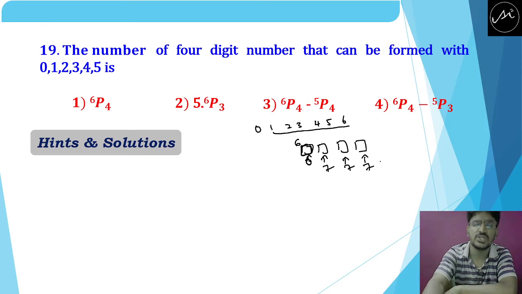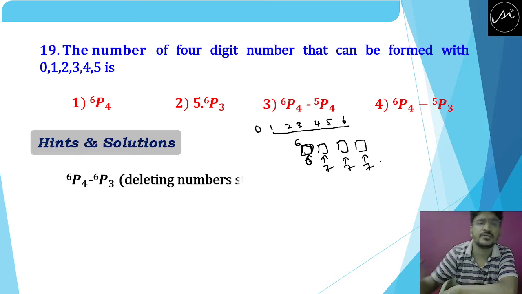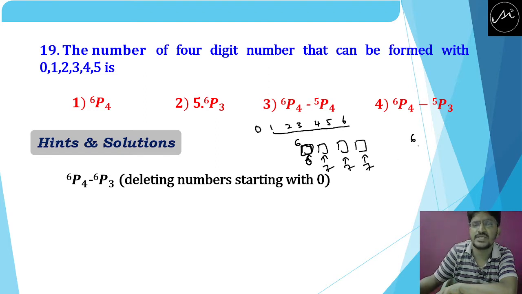Otherwise you just see here, the total number of arrangements will be 6p4. From that we have to subtract the ones starting with 0, that means the 3-digit arrangements 6p3 we have to delete.